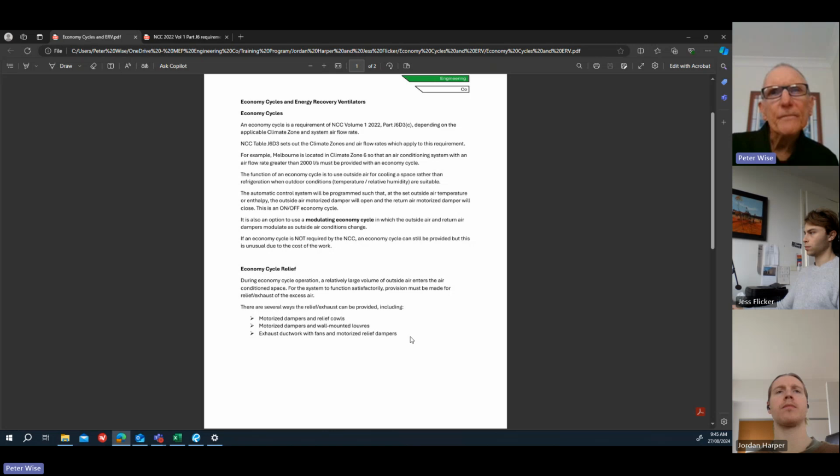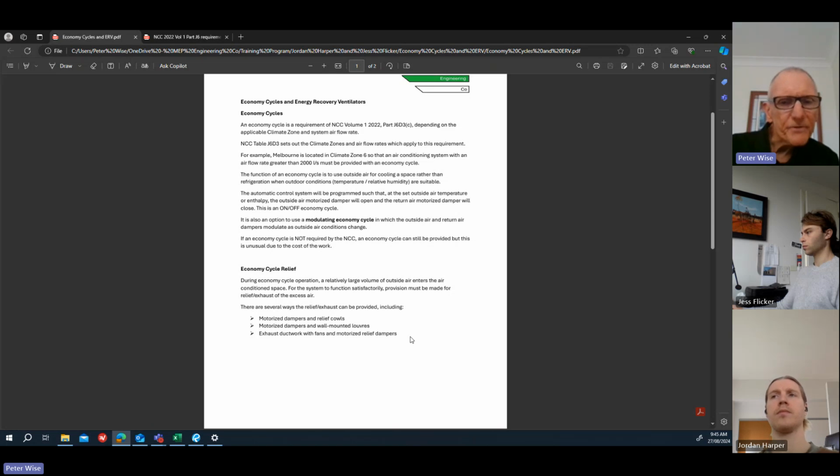Let me try and give you an example to make it a bit clearer. Say an office building, which is fully occupied, because it's got lights on and there's people in there and there might be some sun shining outside. So even though it might be cool outside, and this is typical in Melbourne actually, you've got a nice sunny morning, but it's cold outside.